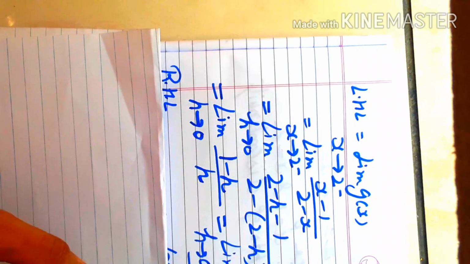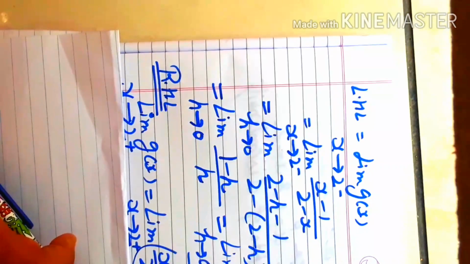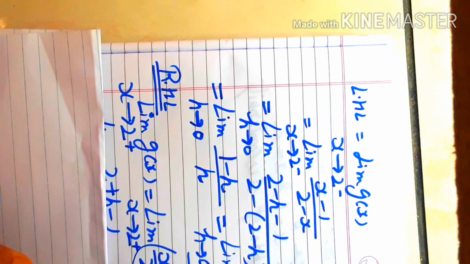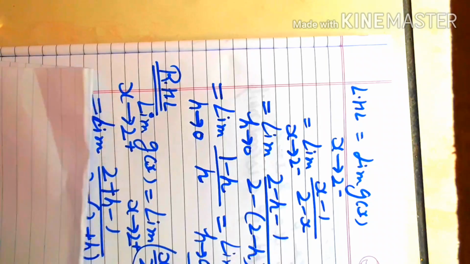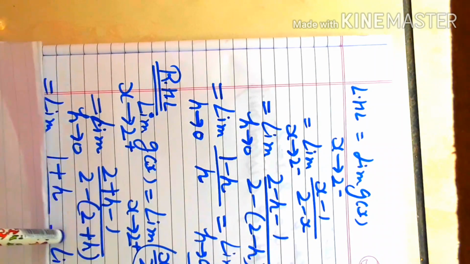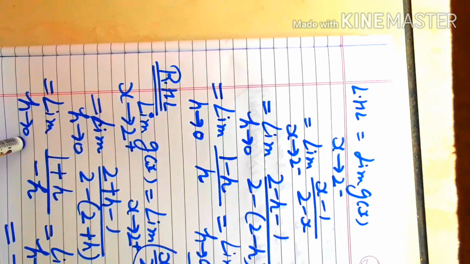So left hand limit is infinity, and for the right hand limit, x approaches 2 positive. So replace x by 2 plus h. On replacing with 2 plus h, what we are getting here is 1 plus h upon minus h where h goes to 0.